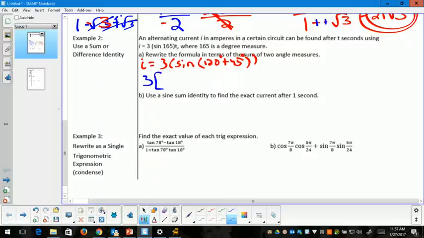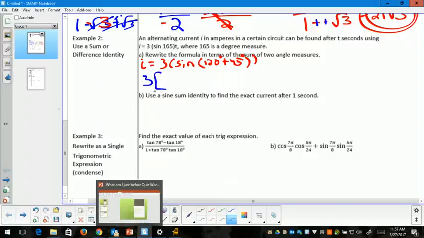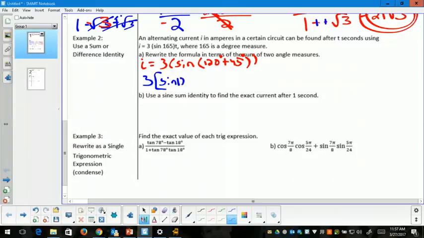So it's going to be 3 times the entire sum of sine of 120 cosine of 45 plus sine of 45 times cosine of 120. So we'll have to do 3 times whatever that sum is based on that formula.